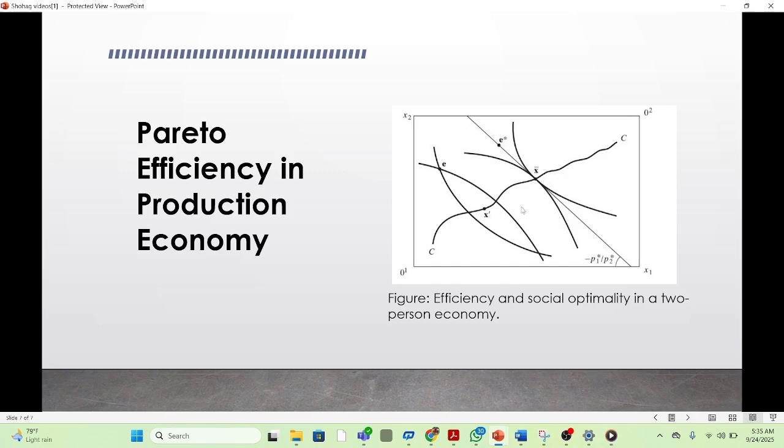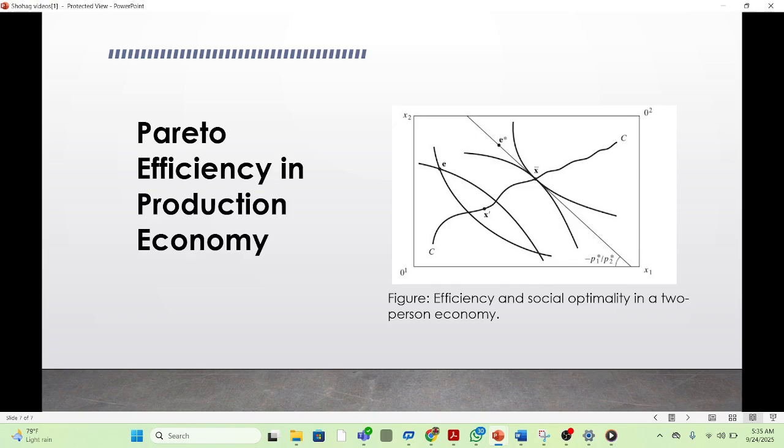Points X bar and X dash are Pareto efficient allocations. At these points the indifference curves are tangent to the PPF, meaning no reallocation can make one person better off without making the other worse off.